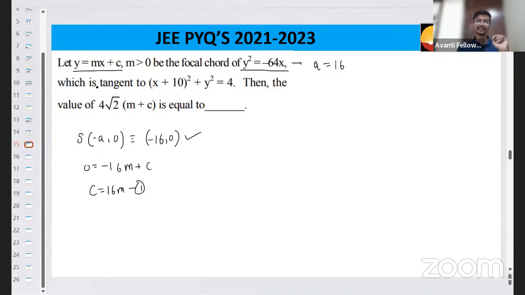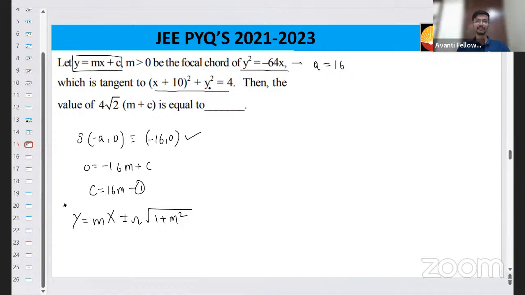Now they are saying this line is also tangent to this circle. If you remember, the equation of tangent to the circle was y equals mx plus or minus r under root of 1 plus m square. Now, this is a shift of origin format.